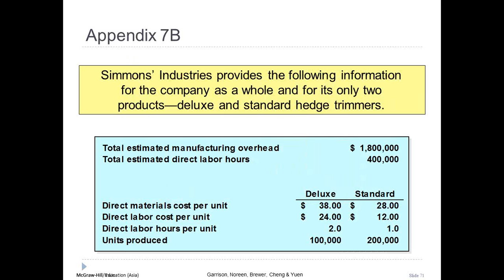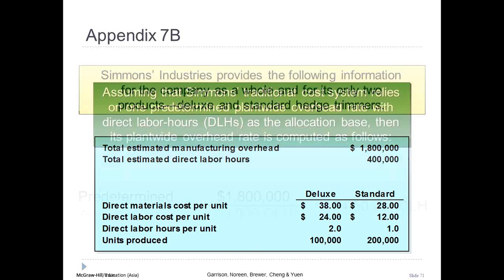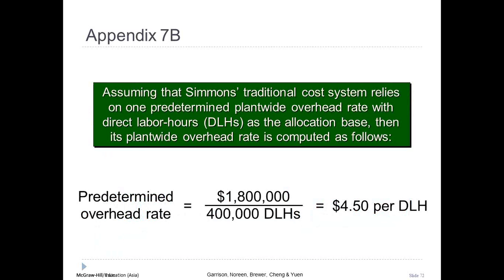Here we have Simmons Industries using a traditional approach. Assume the following information for the company as a whole and for its only two products, Deluxe and Standard hedge trimmers. If we assume that Simmons' traditional cost system relies on one predetermined plant-wide overhead rate with direct labor hours as the allocation base, then its plant-wide overhead rate, $4.50 per direct labor hour, would be computed as shown in this slide.